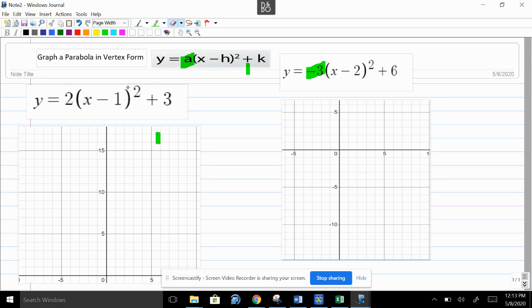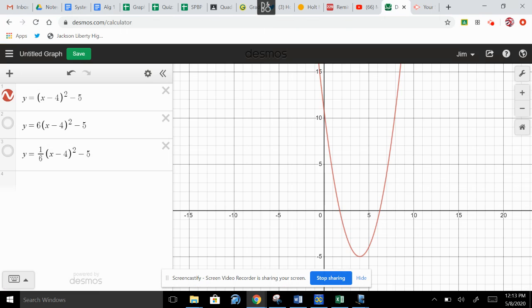All right, so to do a little investigating and just show you what happens here, if we go to Desmos, this red parabola that you see is the graph of this top equation, which is the type of equation that we've already learned how to graph.